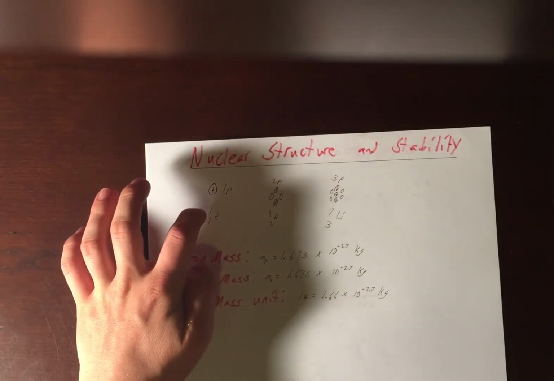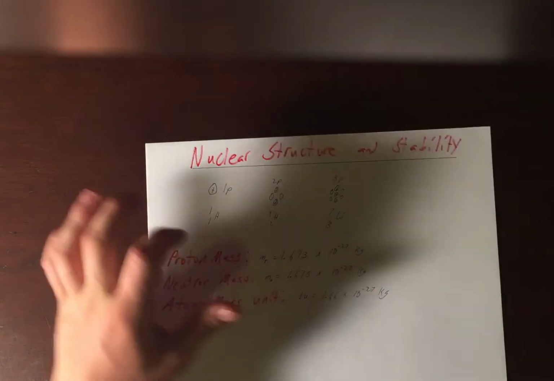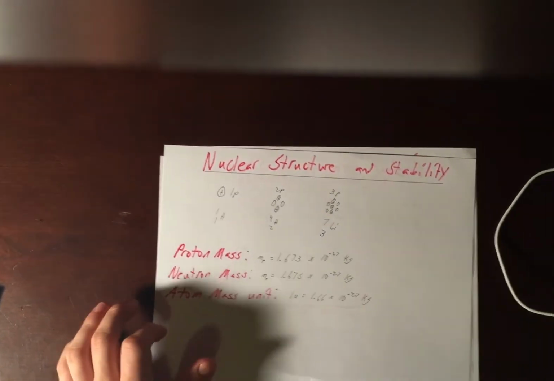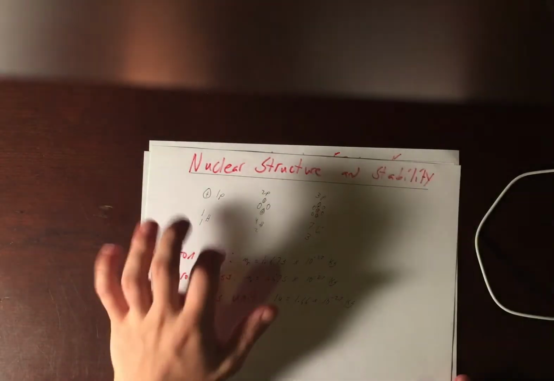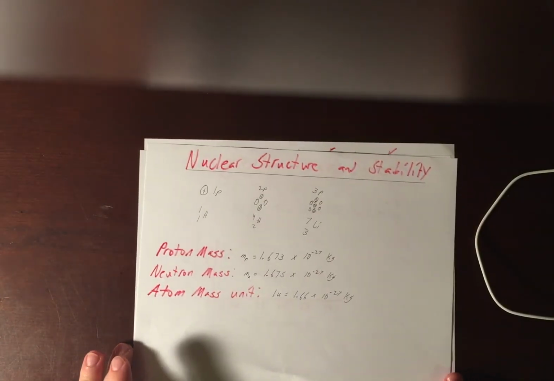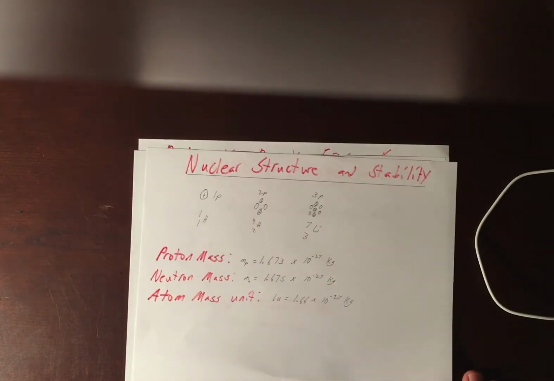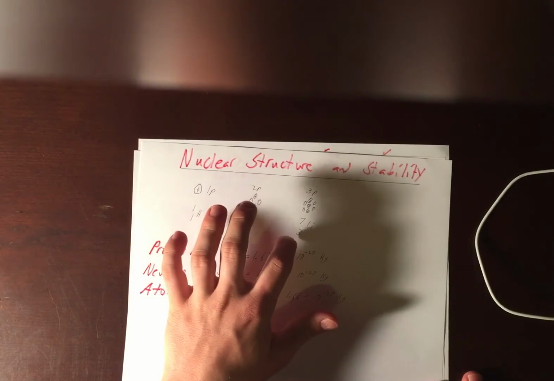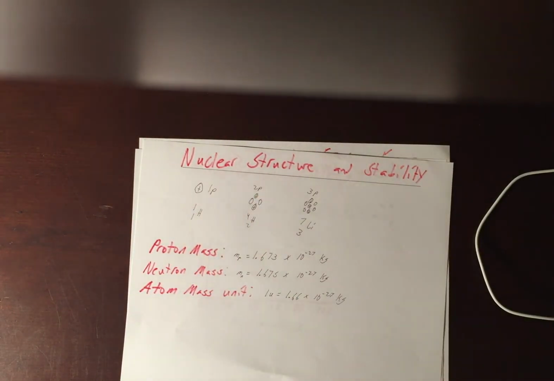For 1 hydrogen, this number is going to be your number of neutrons plus protons, and this is your number of just protons. And here, this is your number of protons, and then here's your number of neutrons plus protons. And you can see in lithium 7,3 here that you're going to have 3 protons and then 1, 2, 3, 4 neutrons.